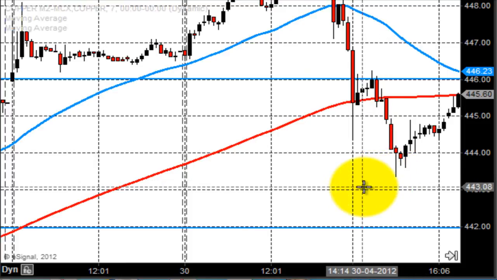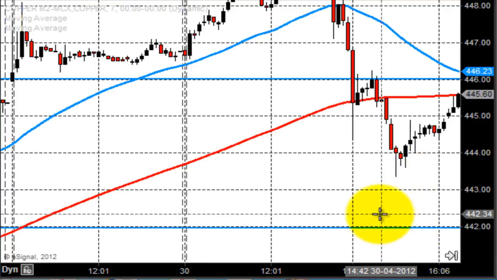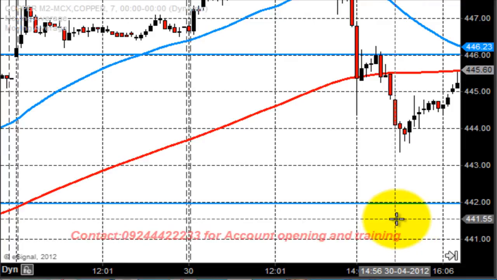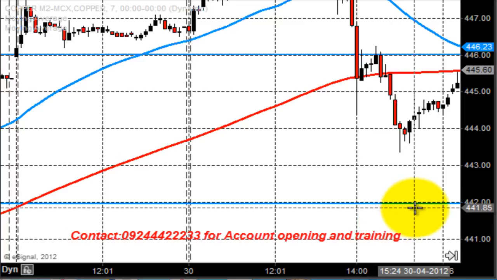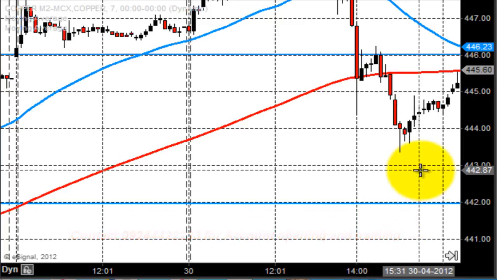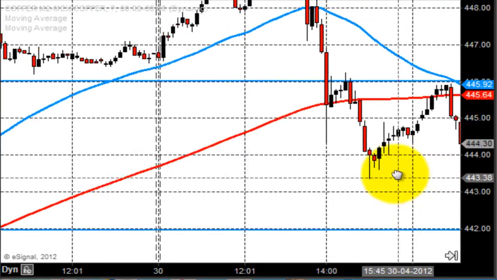Because support and resistance is not a single line, it is a zone. It may be somewhere near 442, it may be near 443, or it may be near 441 also. When we say 442 is a support, it includes the plus 1 point and minus 1 point. So you can make a note of that also.